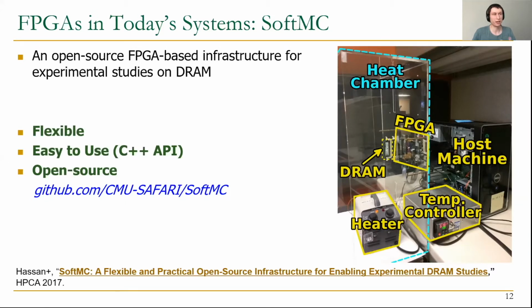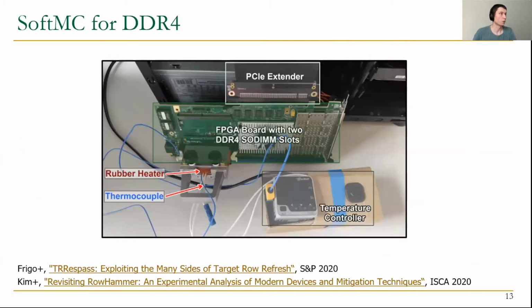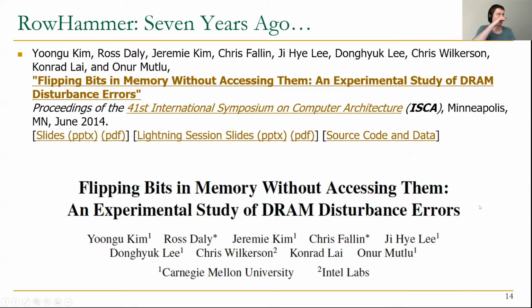So we can issue any command at any time and have full control on what's going on in the DRAM interface. And this is very helpful to do research on DRAM, to characterize various aspects of the DRAM and do testing. We also have a new version of SoftMC which supports DDR4, and this is already used in some papers that I've listed here.